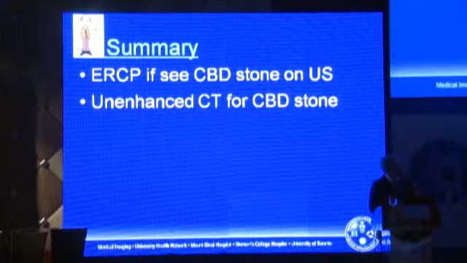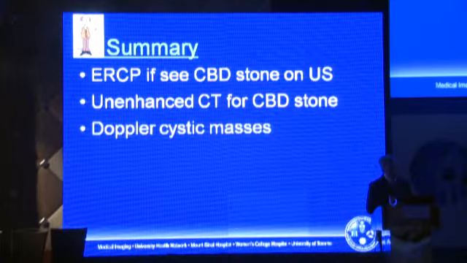Remember, if you think there's a stone, but you can't prove it with ultrasound, you can't see the area of interest, and that will happen no matter how much ultrasound experience you have, and you don't have ready access to an MRCP, you can use an unenhanced CT scan that will add some sensitivity. You won't get to 100%, but it will often be helpful.